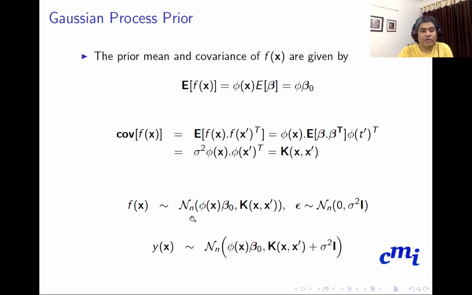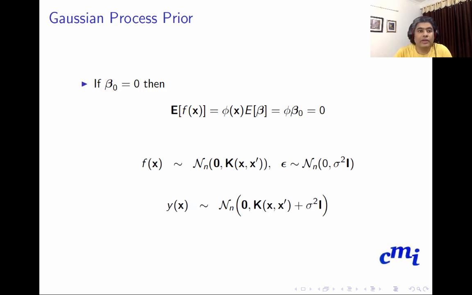So you can write f of x as multivariate normal, phi of x beta 0, k of x, x transpose, and epsilon follows normal 0, sigma square I. So y of x follows a multivariate normal with mean function phi x beta 0, and the covariance function is k of x, x transpose plus sigma square I.